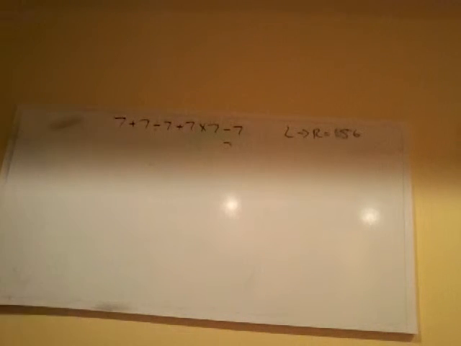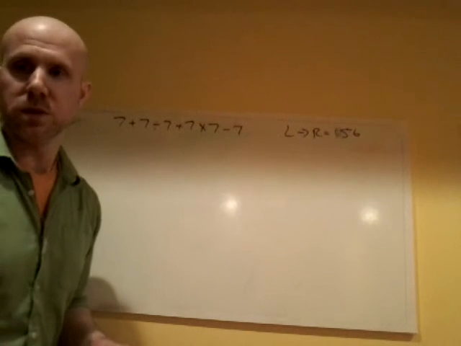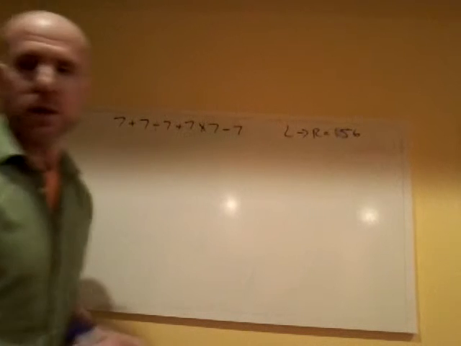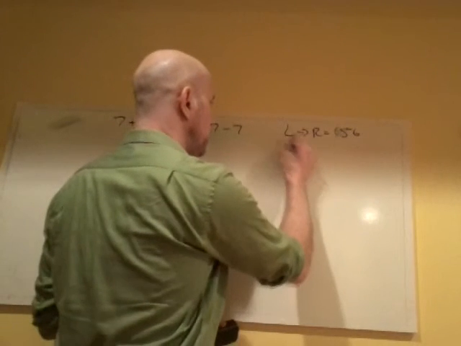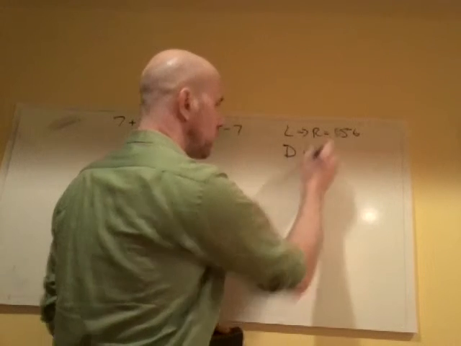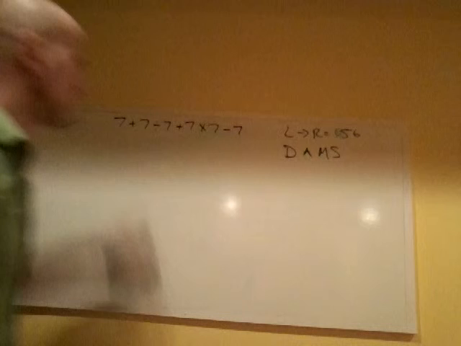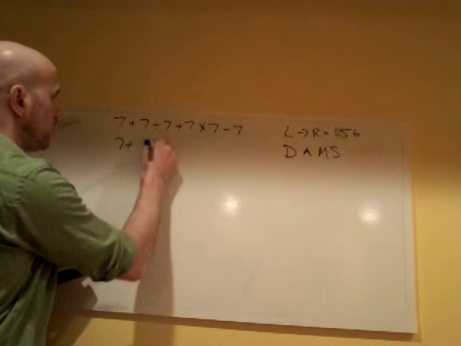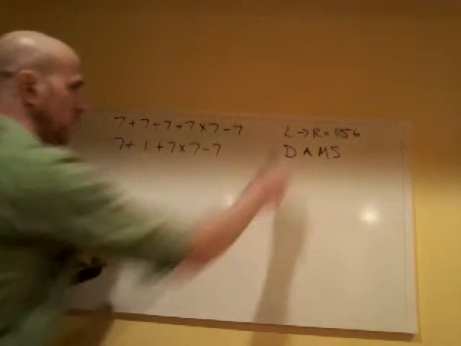Sorry, put my eraser in the spot. Okay. Now let's do this. Let's do division, addition, multiplication, and subtraction. We're going to do this one next. Okay, so we're doing division first. Alright, 7 plus 1 plus 7 times 7 minus 7.